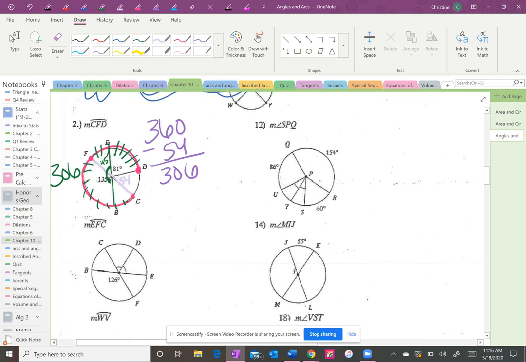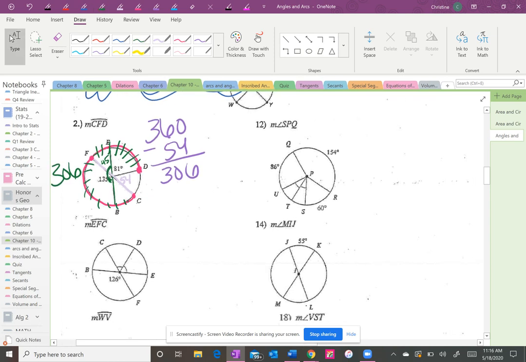Okay. The measure of angle SPQ. Now this one's a little bit different because you have the measures of the arcs already. So you can take these, and because they're going to a central angle, you can put all of these right inside of here. Then I'm going to trace SPQ. All right, so you have a few options. We know it's going to be at least 86.